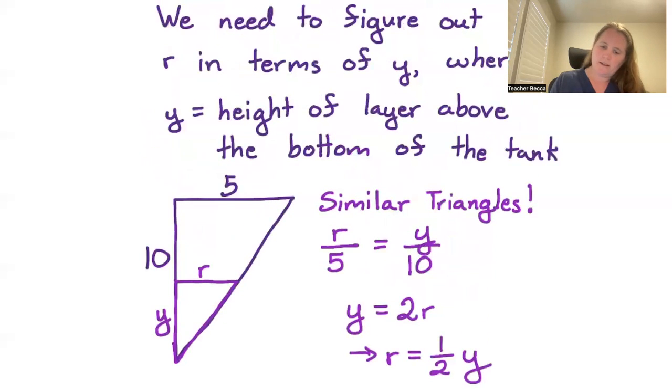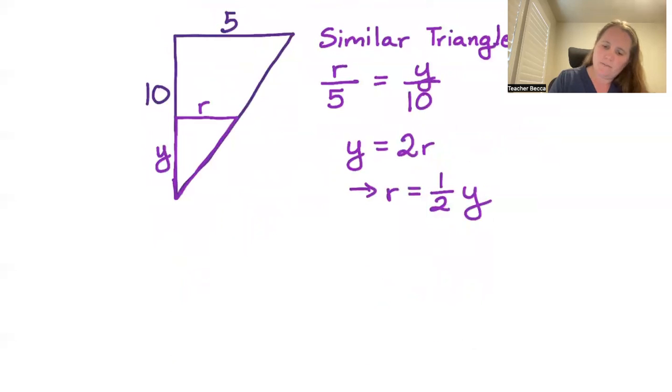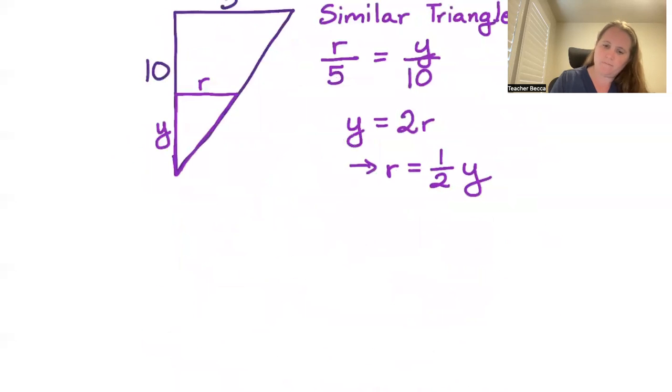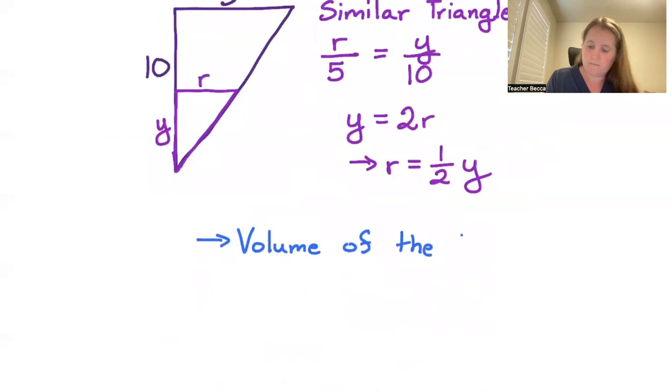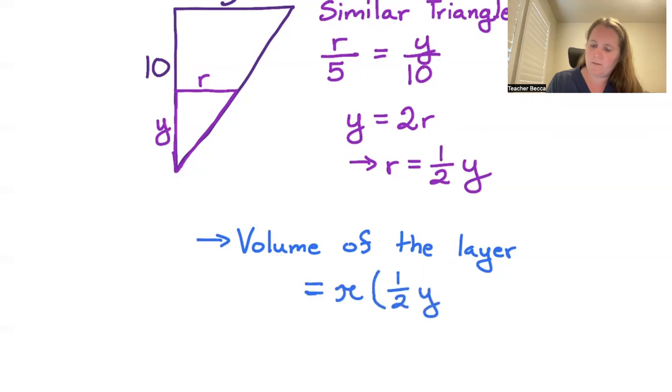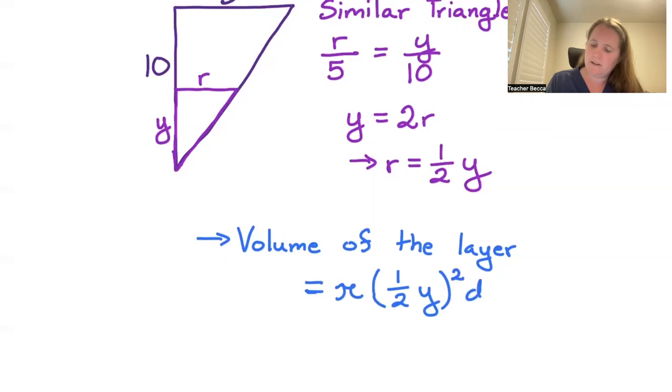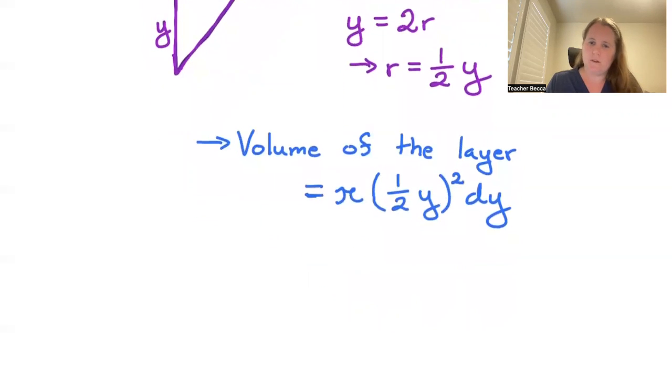So what this gives us then is that the volume of our layer is, we had pi times r squared, so pi times 1/2 y squared times dy, or in other words, pi over 4 y squared dy.